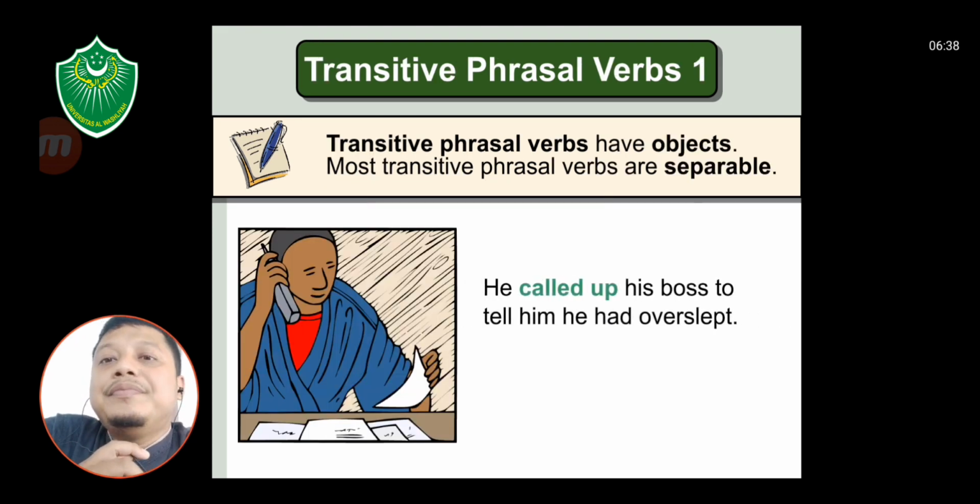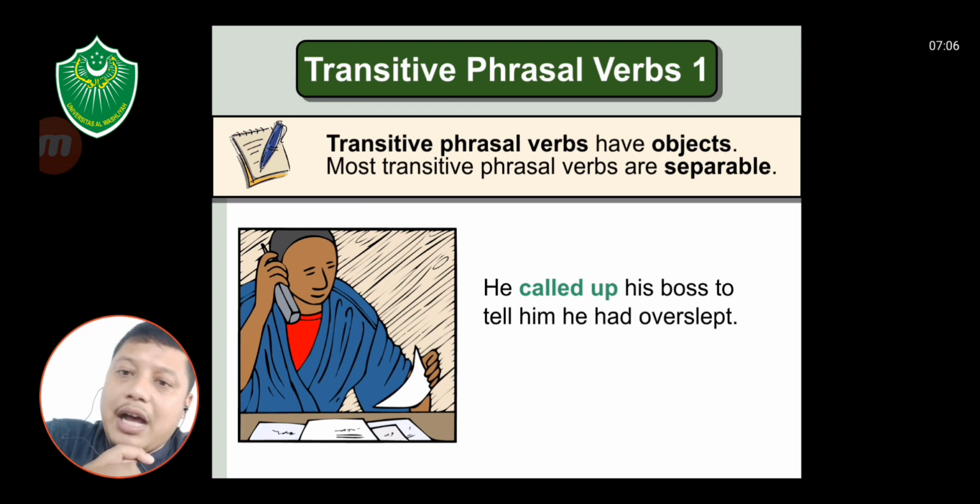The next one is the transitive phrasal verb. A transitive phrasal verb is a verb which has an object. So when you use a transitive phrasal verb, it means the verb needs an object to complete the sentence, right? For example, he called up his boss to tell him he had overslept.